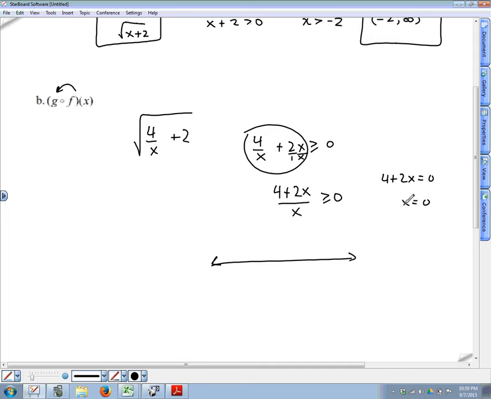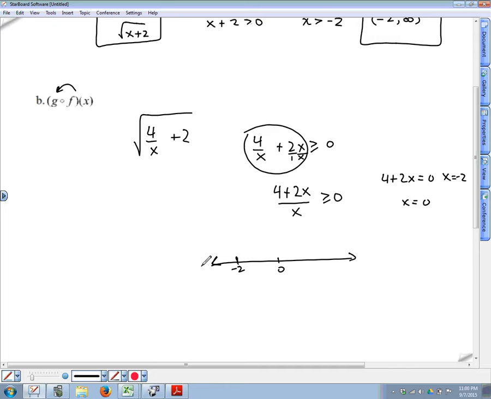So we find a real easy one in the denominator. A critical value is when x equals 0. Now here, for the numerator, the critical value is when x equals negative 2. So once you've found and plotted your critical values on a number line, the next step was to choose test values in each of these three intervals.